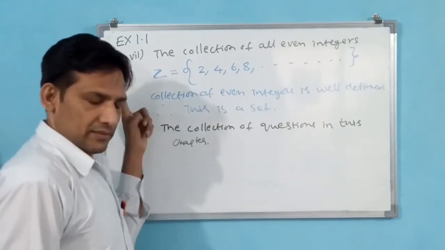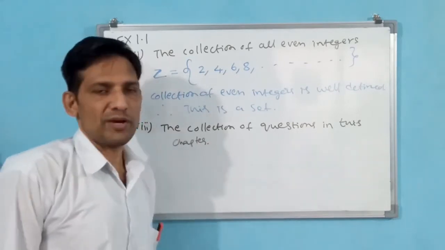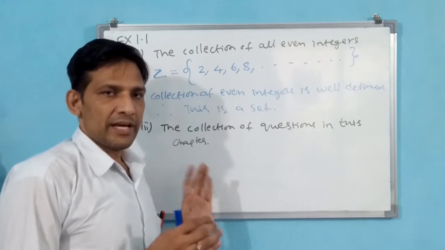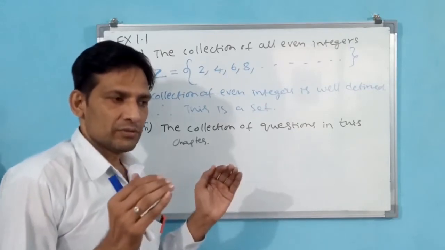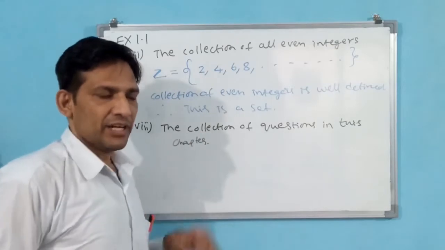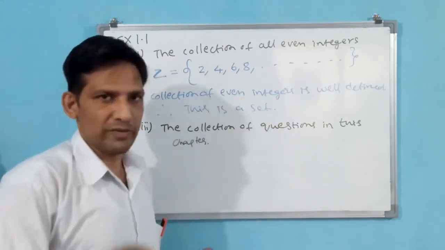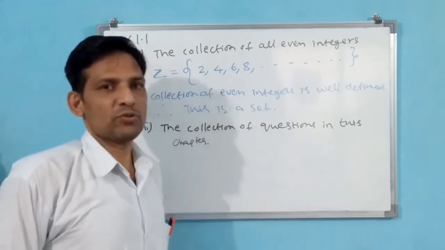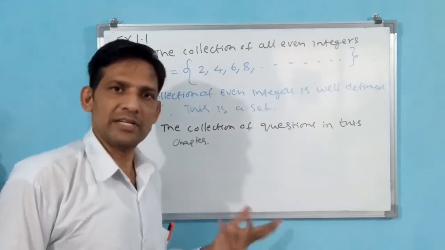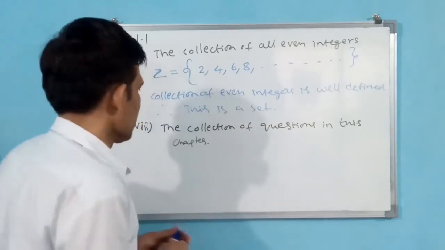Eighth part of the question number 1. You see, the collection of questions in this chapter. See, they are asking the collection of questions in this chapter. That means in sets; questions in sets they are asking. Some other question will not come, only sets questions will come. Naturally, it is going to be a set, well defined.